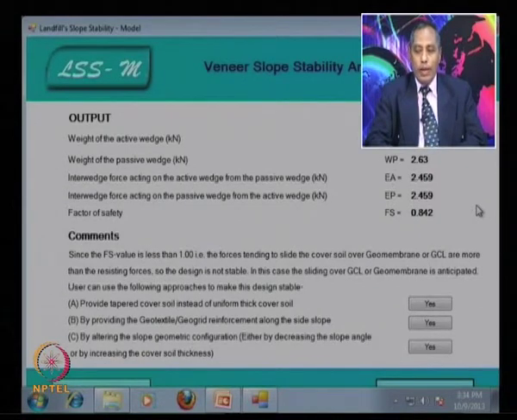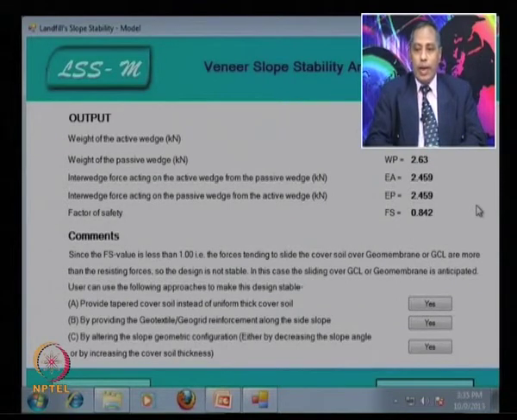B. You can provide geotextile or geogrid reinforcement along the side slope. And C. By altering the slope geometric configuration, either by decreasing the slope angle or by increasing the cover soil thickness, you can make the slope stable.